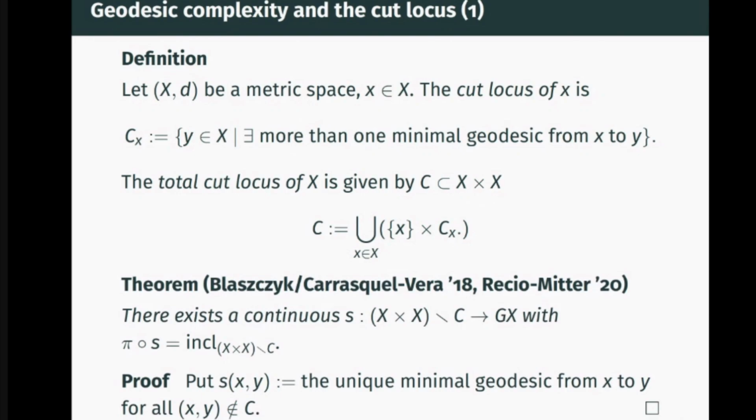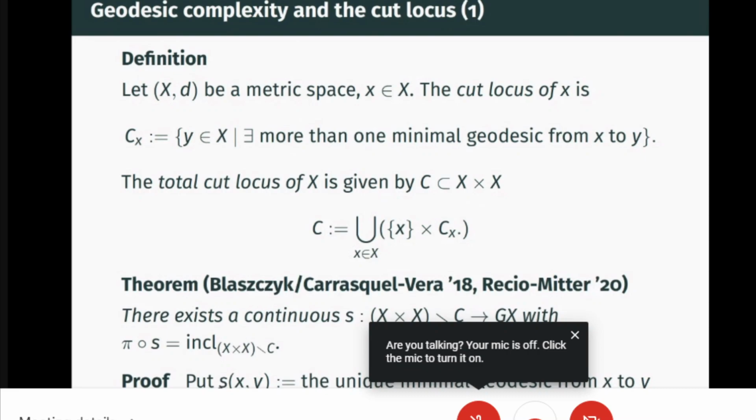It turns out, and this is quite easy to see, that this was first observed by Błaszczyk and Carrasquel-Vera in a paper also dealing with similar issues, and then by David Recio-Mitter, that on the complement of this total cut locus we have a motion planner which consists of geodesics. This is easy to see, because if we have a unique minimal geodesic, we just define our motion planner that way.